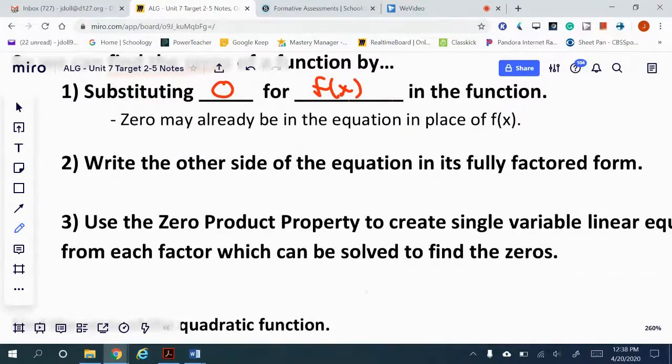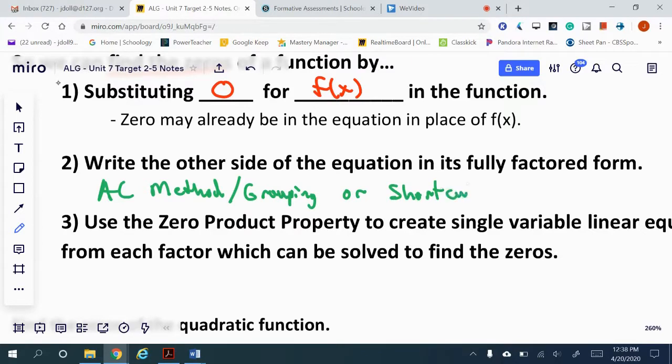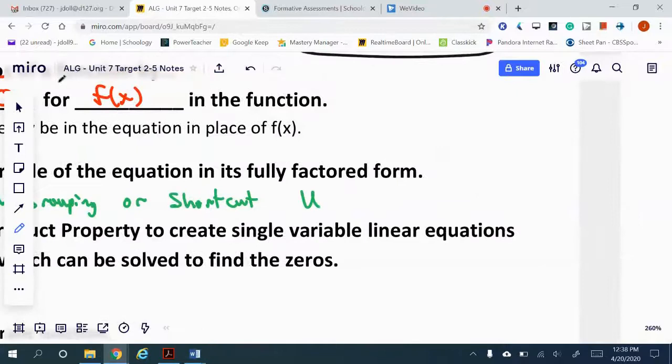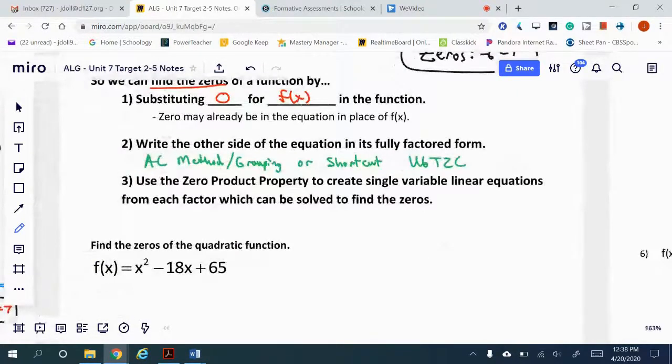It may already be factored, but if it's not, we need to either use the AC method and grouping, that was kind of the long way, or our shortcut that we learned back in Unit 6, Target 2C. So if you need a refresher on that, the test was last week, so hopefully it is fresh, but that's where we got that.